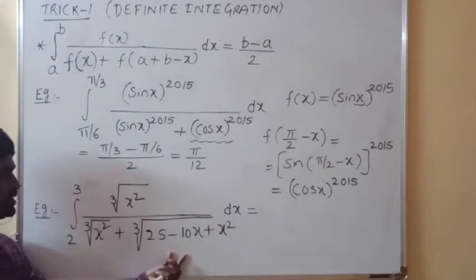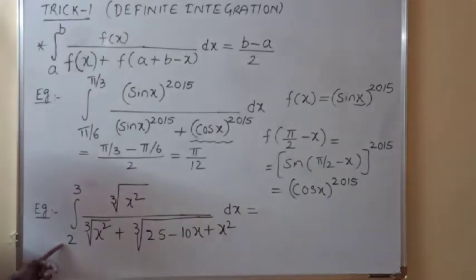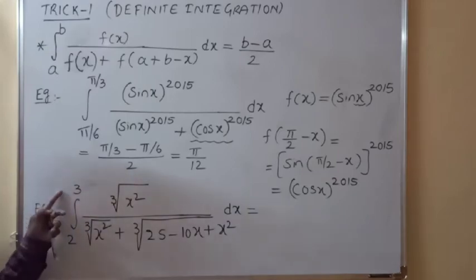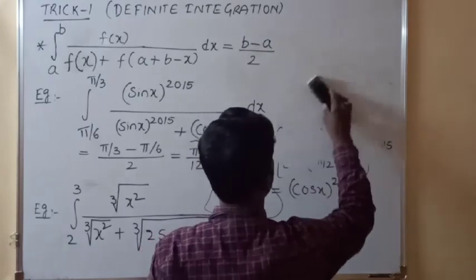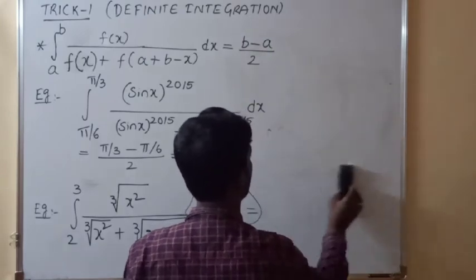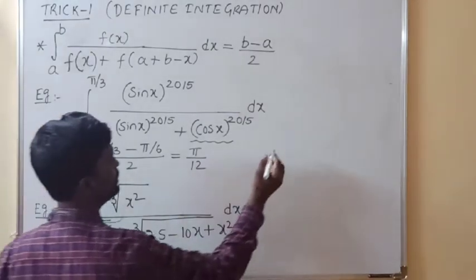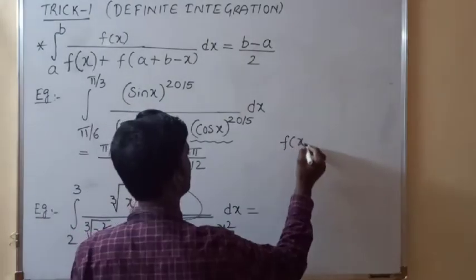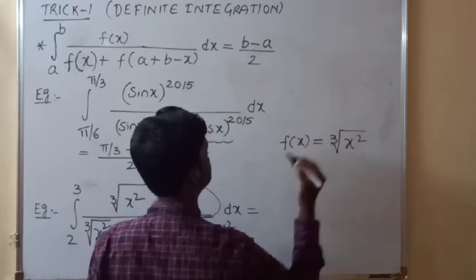Now we have to check whether it is f of (a plus b minus x) or not. The lower limit a is 2 and the upper limit is 3. Suppose I take f of x as the cube root of x squared.